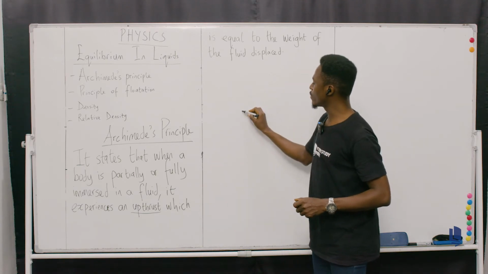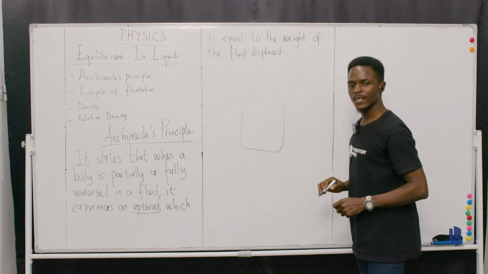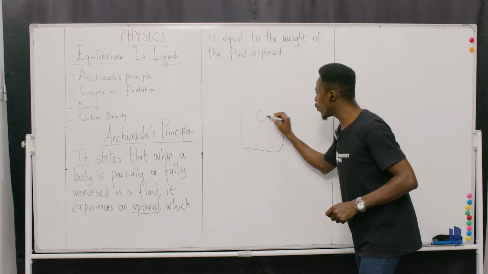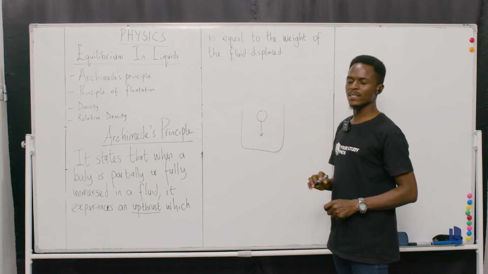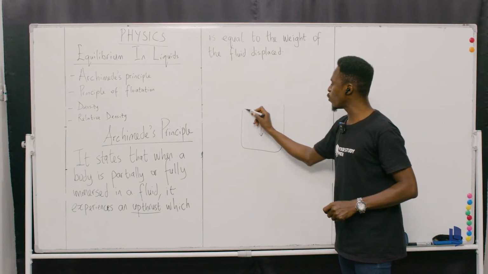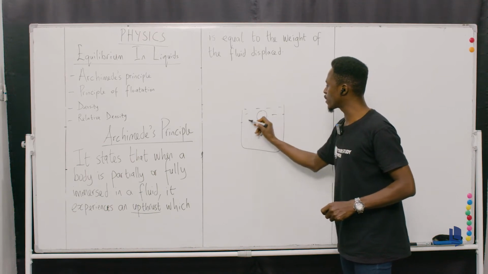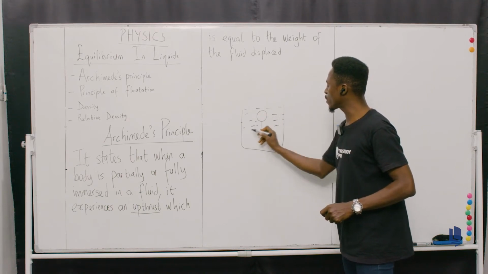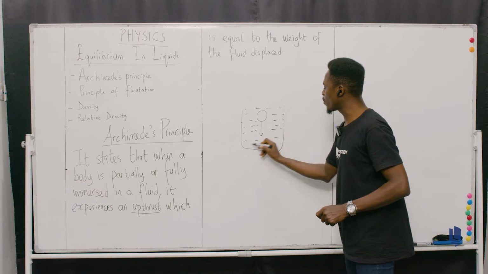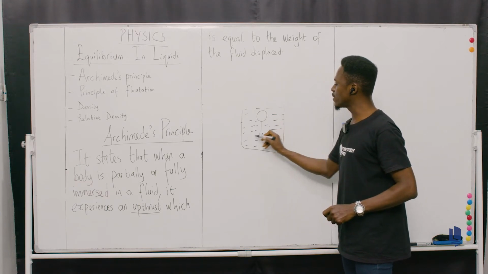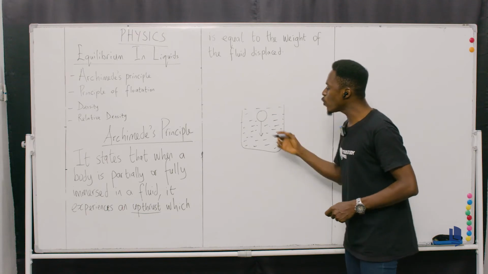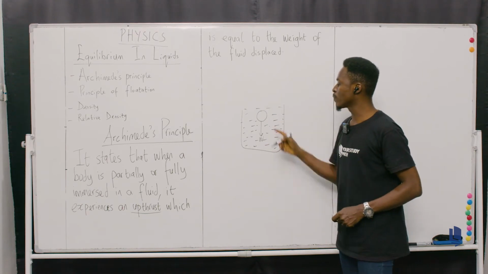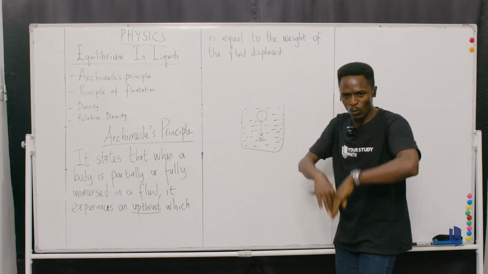Here we have it. You have a container. You are dropping a ball, for example, inside it. Remember this experiment in your secondary school. Whenever you are dropping a ball inside a viscous liquid, for example, the weight of the ball will be moving downwards.